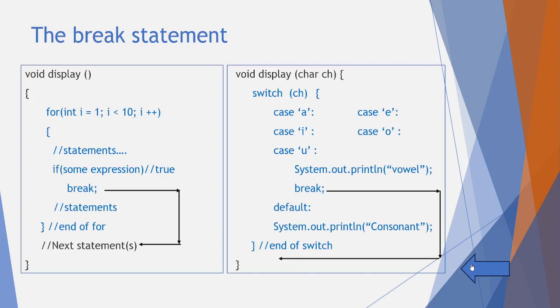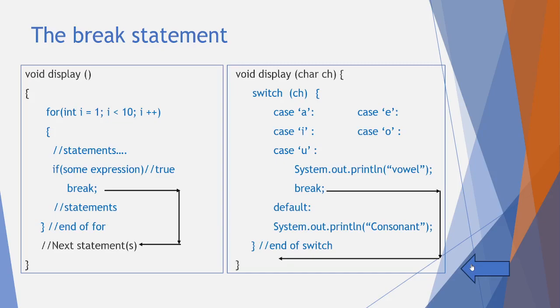If some expression is true, break means even if the loop is in the second, third, or fourth iteration, any iteration, break sends the control out of the for loop. That is, the next statement after the for loop gets executed. The moment break comes, control will be sent out of the loop.